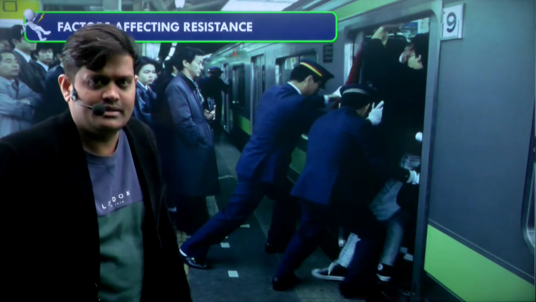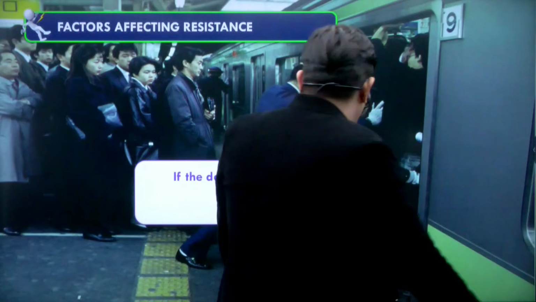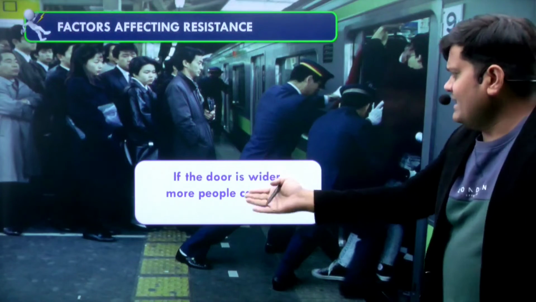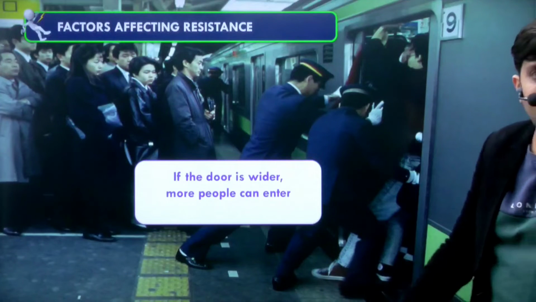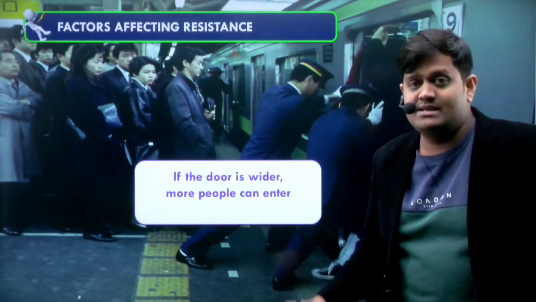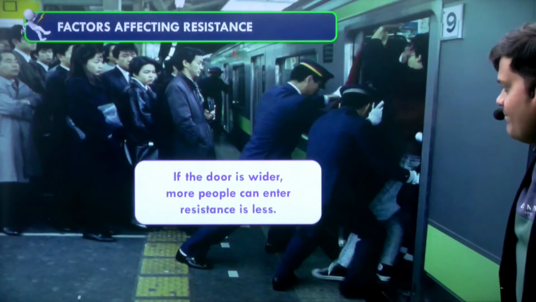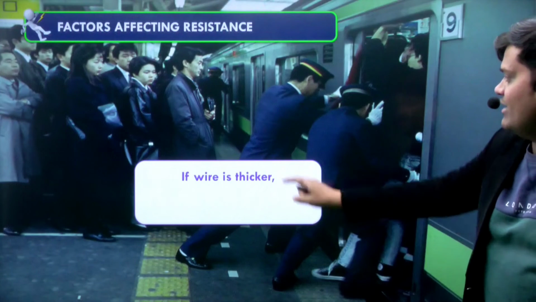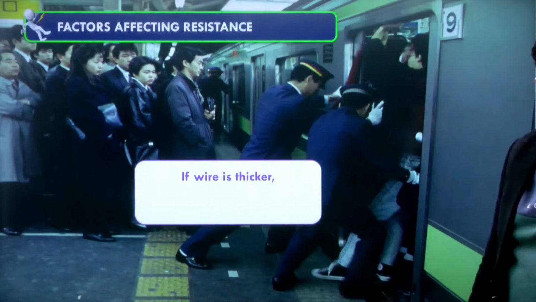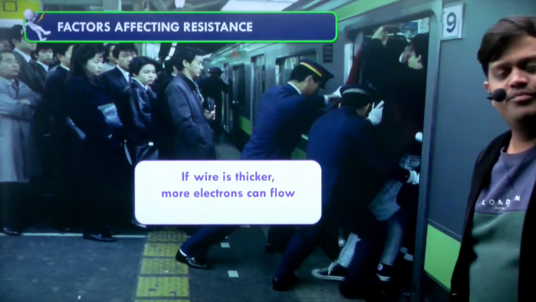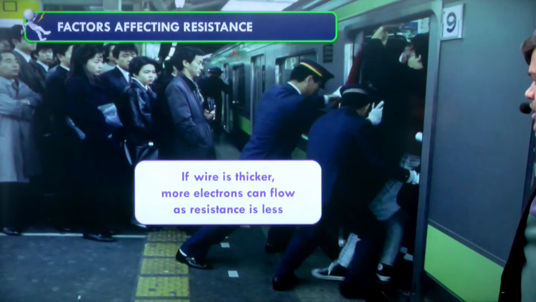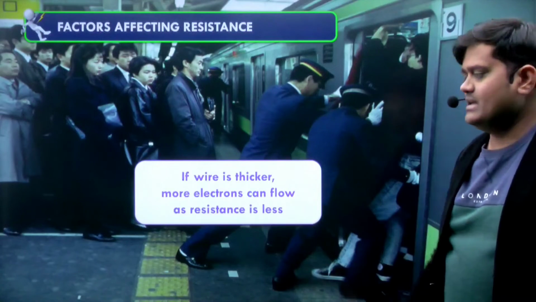If the door is wider, then more people can enter. The cross section area is more, so resistance is less. If the wire is thicker, then more electrons can flow and resistance is less.